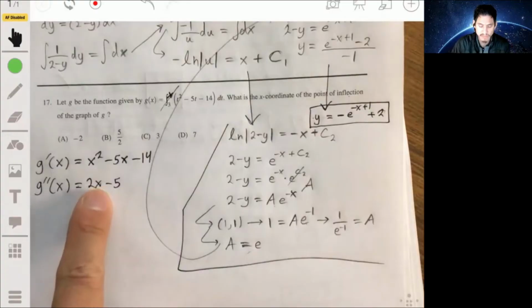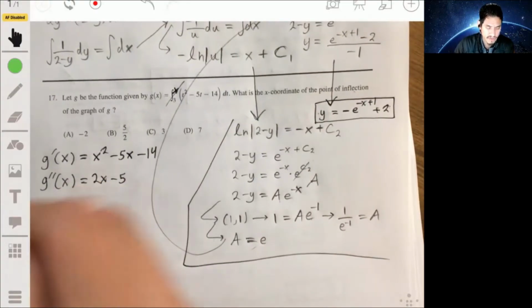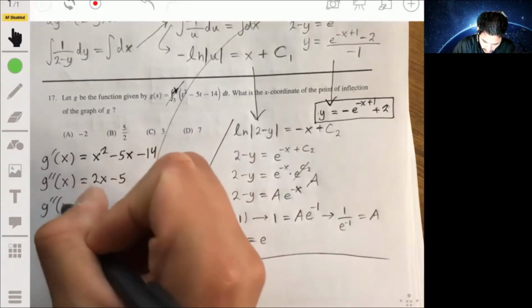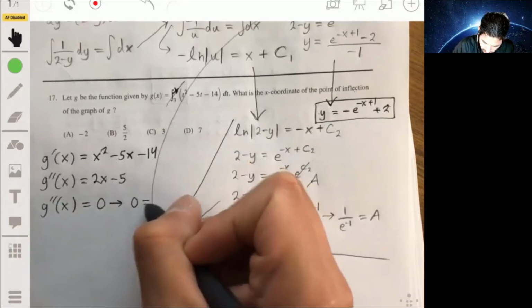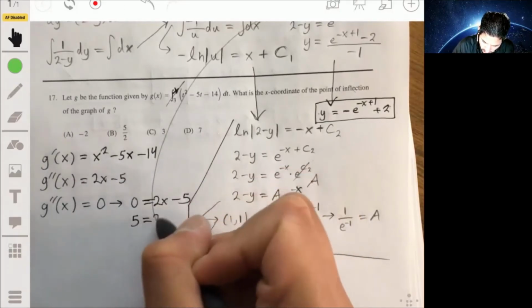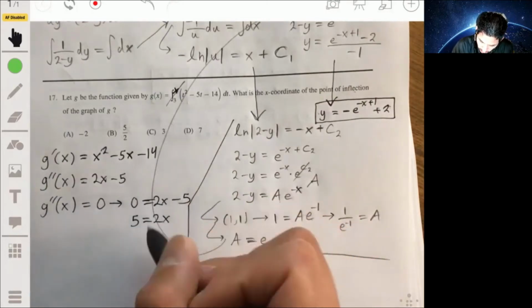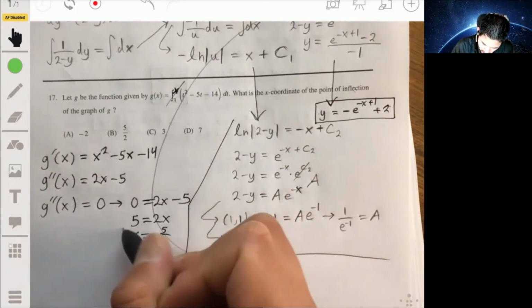And we find an inflection point by finding where the second derivative is equal to 0. So g double prime of x is equal to 0. So 0 is equal to 2x minus 5. Add 5 and get 2x. Then x will be 5/2.